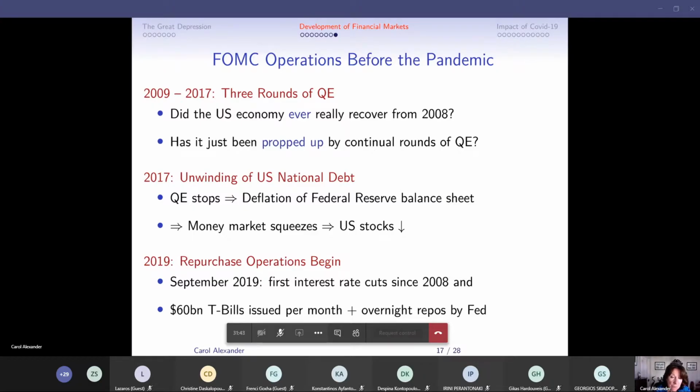And so in 2019, in September last year, there was a very surprising announcement, because not only was quantitative easing starting again, but it was the Federal Reserve buying their own T-bills. So starting in September, each program had a limit of 60 billion with overnight repos by the Federal Reserve.